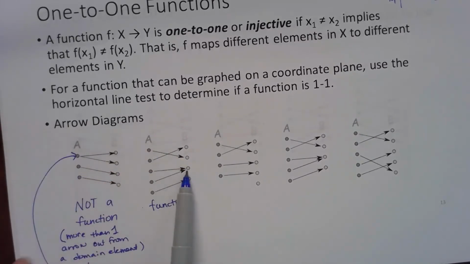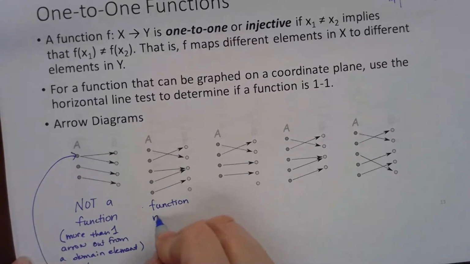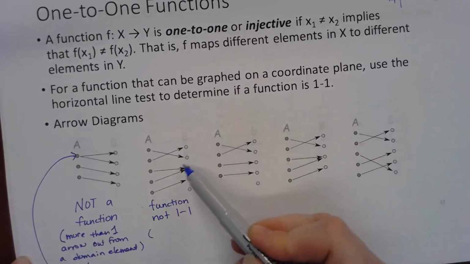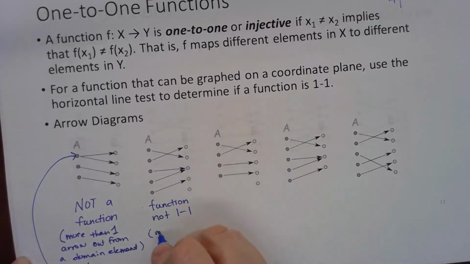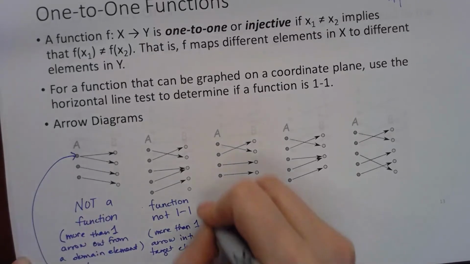So it is a function, but it's not one-to-one. And the way that you can check that, okay, I see that there's more than one arrow coming in to a target value. Okay, so that happens right there.